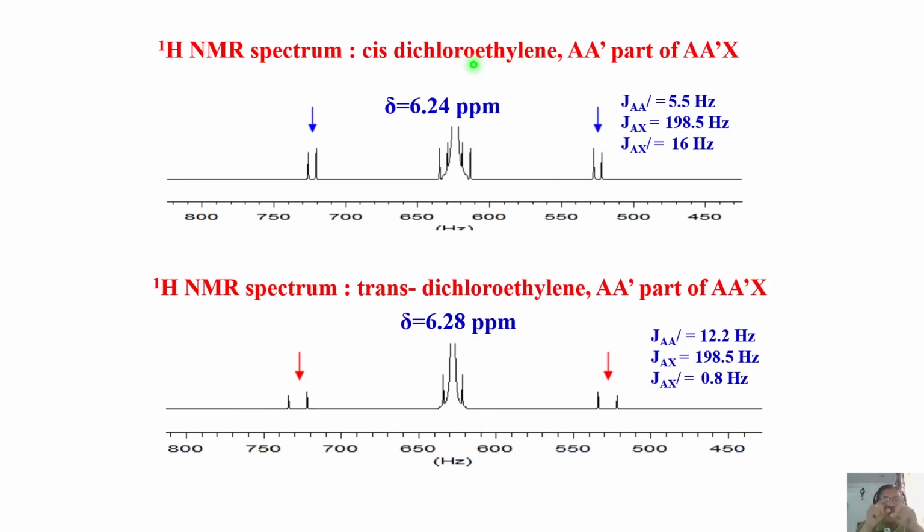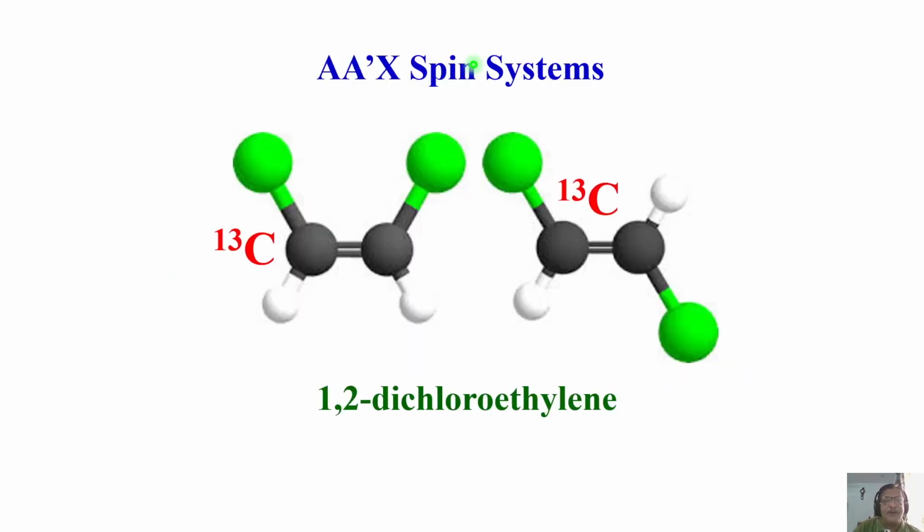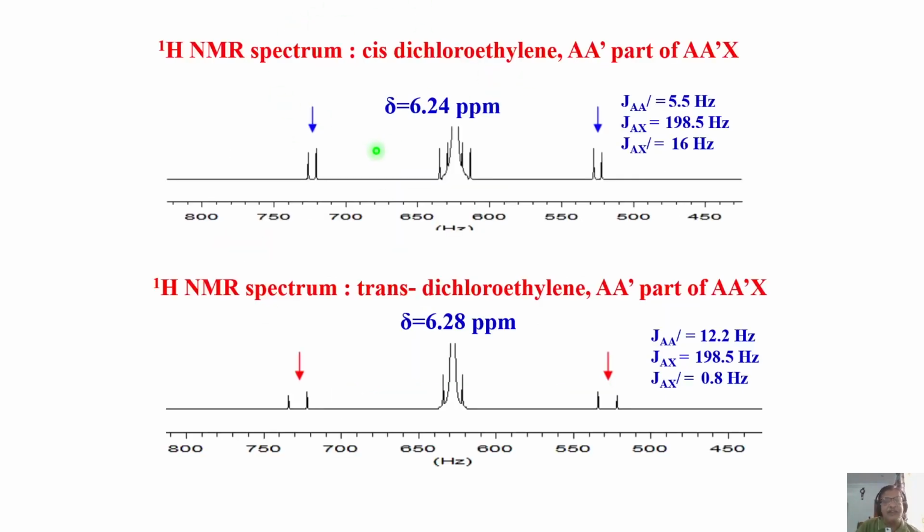How to identify cis-trans isomerism by looking into carbon-13 satellites. This is where spin system analysis comes into the picture. So now it is an AA prime X spin system. If you know how to analyze that, you can get all the 3 couplings which are expected, which you don't see in the proton spectrum. Now in the satellite you see. All you have to do, simply, in the normal case we don't see satellites. In the other case, simply enhance the signal intensity, see the satellite, analyze this, you will get everything.